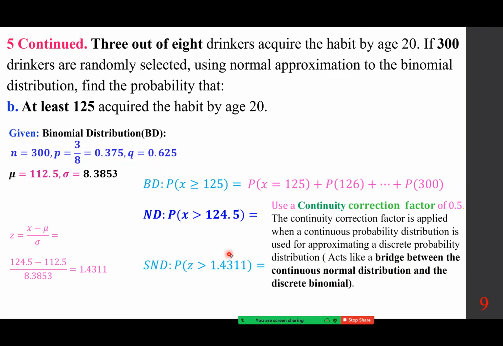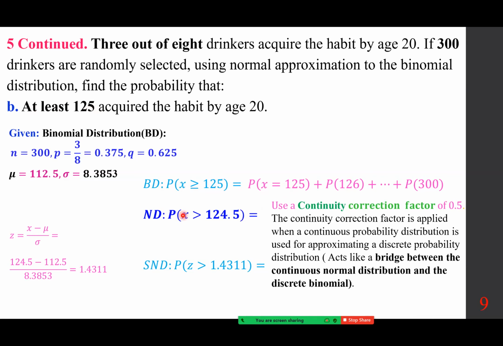So let's quickly recap. At least 125, probability of x larger than or equal to 125. This is binomial distribution. We either have to subtract or add 0.5, which one? In this case, we subtract because we don't want to miss the endpoint 125.